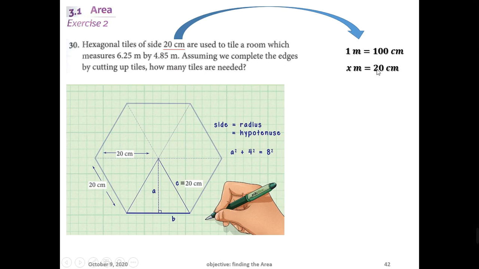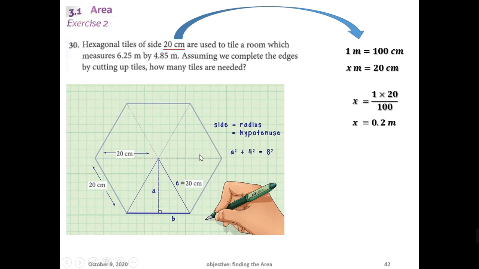And then we're going to cross multiply. What is my unknown? It's x. x is equal to a fraction line. What is x multiplied by? It's multiplied by 100, so the 100 will go down, and what goes up is 1 times 20 as numerator. So you insert this in the calculator. So x is equal to 0.2 meters.